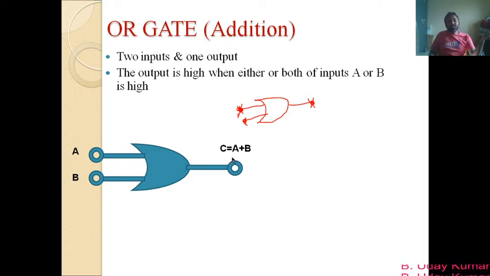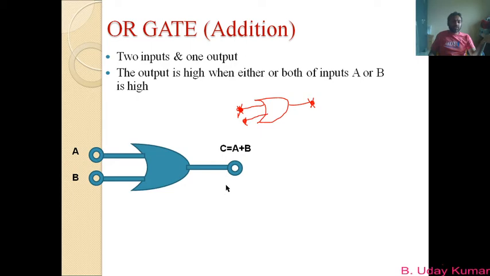So this is the logical symbol, these two are inputs, C is the output, and A plus B is the logical equation. This is in simple terms the representation of the OR gate in terms of its circuit symbol, inputs and output terminals.